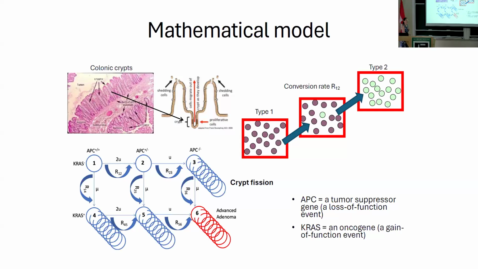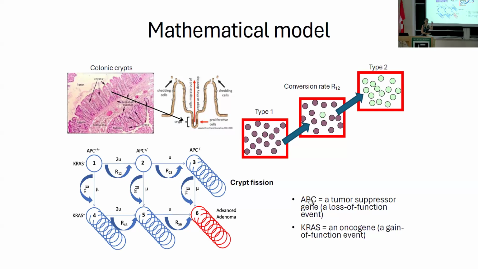Another thing that was important to include, and it's something that only became apparent relatively recently, once a crypt is transformed, for example, it has both copies of the APC gene inactivated, it undergoes this weird process of crypt fission.